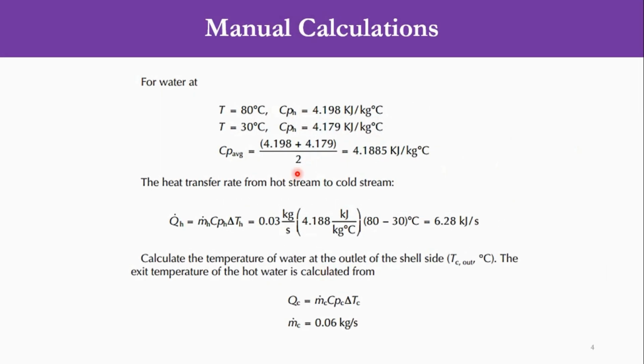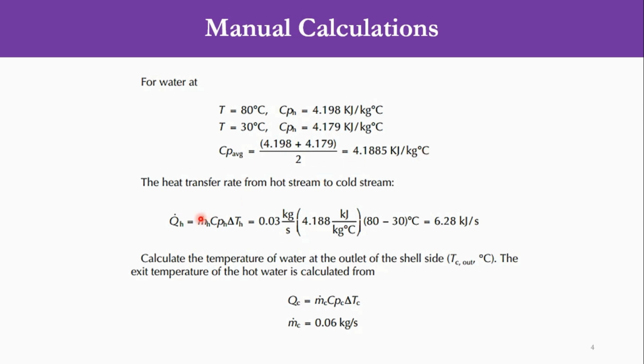So Cp for water at 80 degrees is 4.198 kilojoule per kg degree centigrade, while at 30 degrees centigrade, the Cp is 4.179 kilojoule per kg degree centigrade. Taking the average of these two values will give an answer of 4.1885 kilojoule per kg degree centigrade.